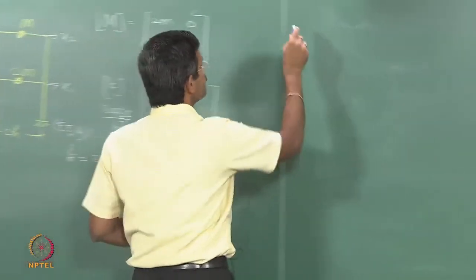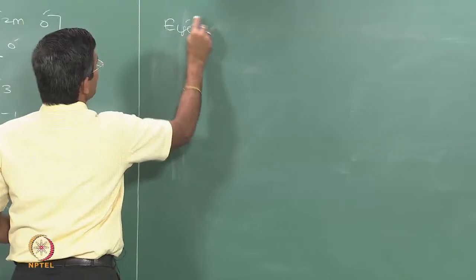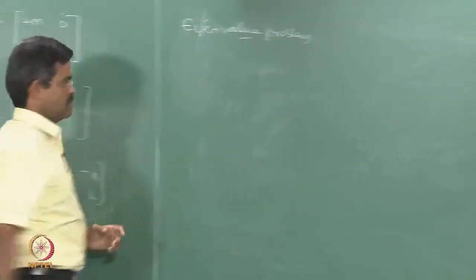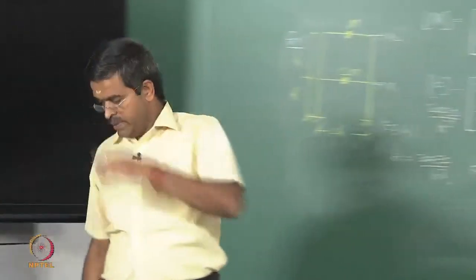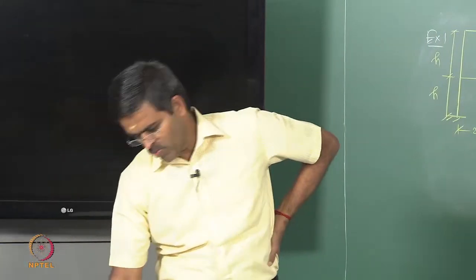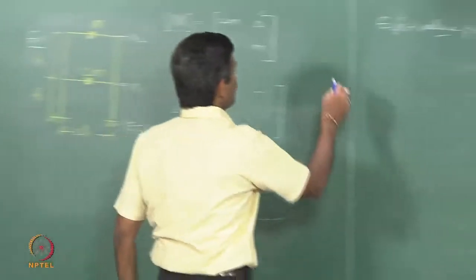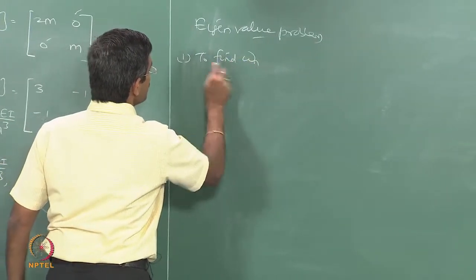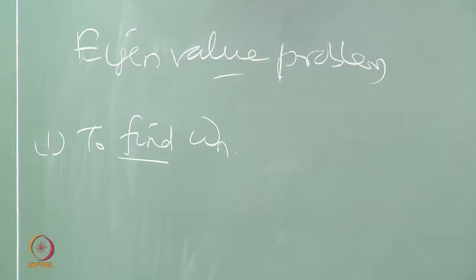So, eigenvalue problem. Now, the first step is to find omega n, that is, the natural frequencies of the system.